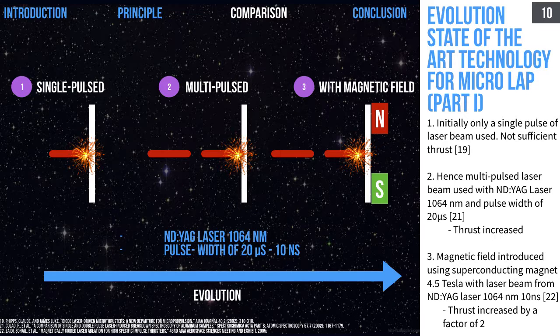Let me now explain and present the evolution of the state-of-the-art technology for micro LEP. Initially, only a single pulse of laser beam was used. However, this was not enough to produce sufficient thrust. Hence, a multi-pulse laser beam with an Nd:YAG laser of about 1064 nanometer wavelength and pulse width of 20 microseconds was used. As a result, thrust increased.